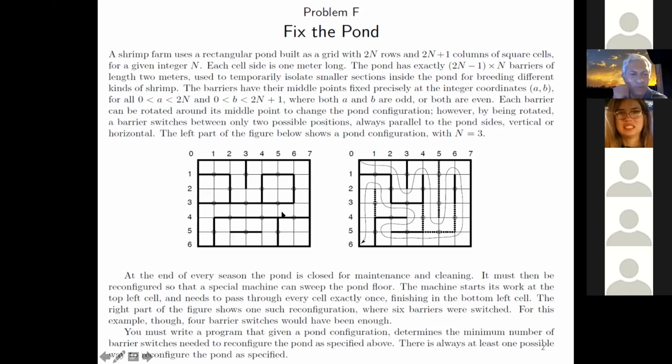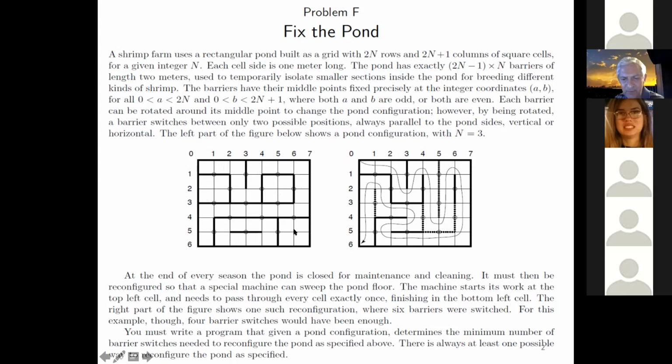So you want to know how to figure out the minimum number of flips that you need in order to visit every cell in the pond. Now, if it's set up like they are here, I can go from here to here, and I'm going to end up missing things over here, and over here and over here.